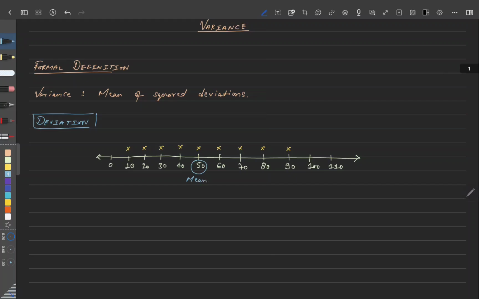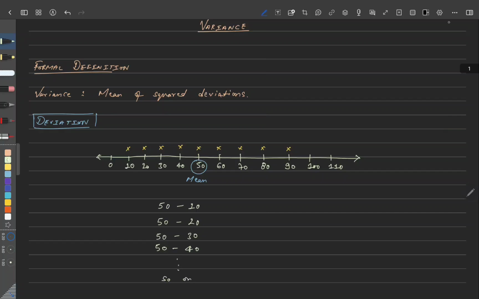Now, when we say the word deviation, we generally mean deviation from the mean. Deviation is nothing but how far that particular point is from the mean. So, for example, we can have 50 minus 10 and then 50 minus 20, 50 minus 30, 50 minus 40, and so on.